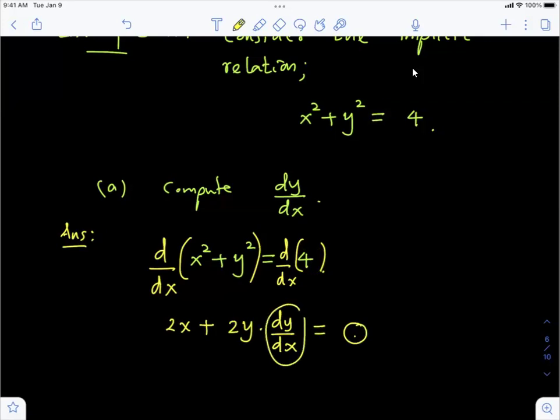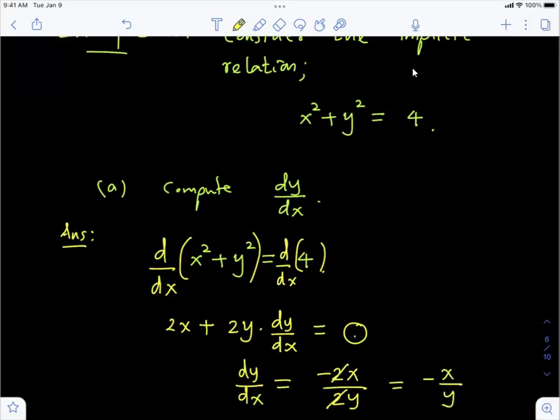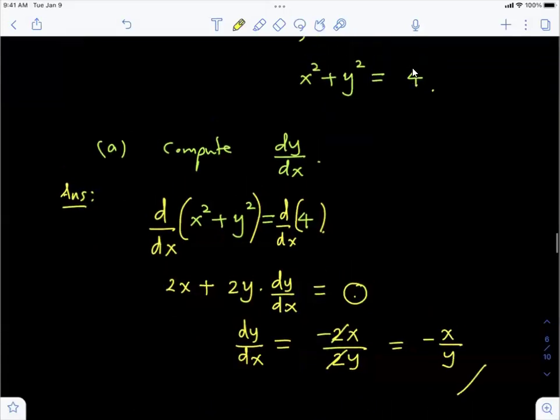Now to find dy dx, all you need to do is to solve this linear equation, move this piece to the right, it becomes minus 2x, and then divide it by 2y. So our answer becomes dy dx equals negative 2x divided by 2y. 2 is getting cancelled, leaving just negative x over y. Our answer for dy dx is right here. Dy dx is none other than negative x divided by y.